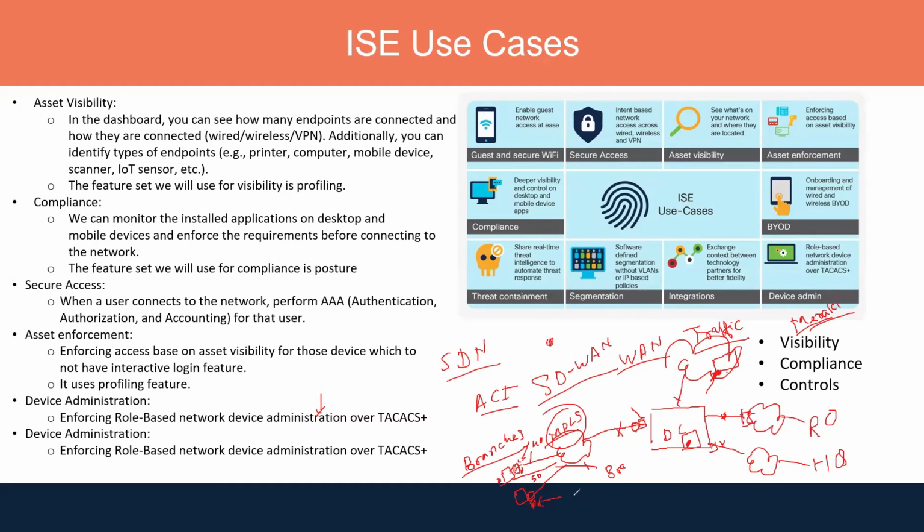So when the user enters a username and password on this network, your wireless controller, using the WAN network, sends that credential or token to the ISE, which would be installed in the data center, and then ISE is going to authenticate that this user can connect. So I would take a simple example over here.